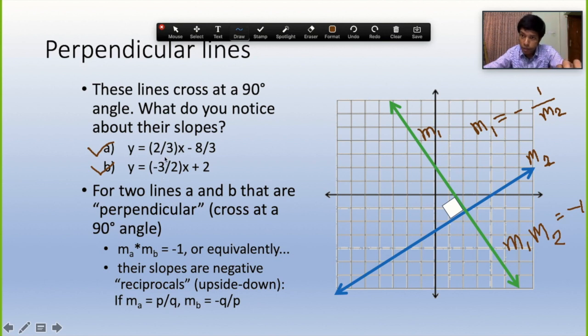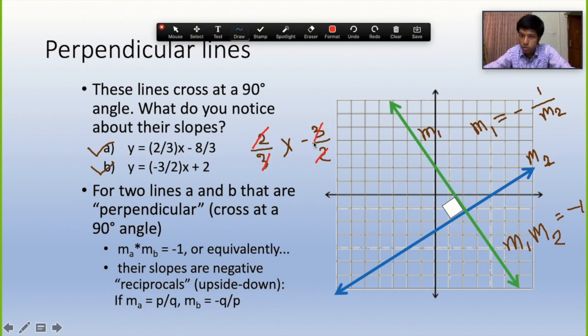So are they perpendicular? Now we can do the calculation. The first value is 2 divided by 3, multiplied by the second. We said that if they are perpendicular, then when we multiply them, the answer will be -1. So let's multiply them: 2/3 times -3/2. Now we can cancel out these two and these two, one in the numerator and another in the denominator.